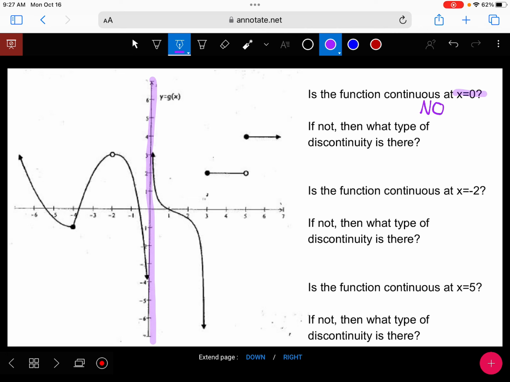What type of discontinuity is there? So remember, this is called a jump. Remember what this one is?